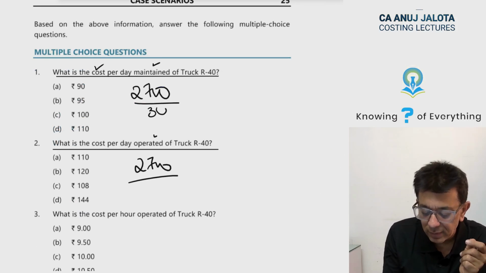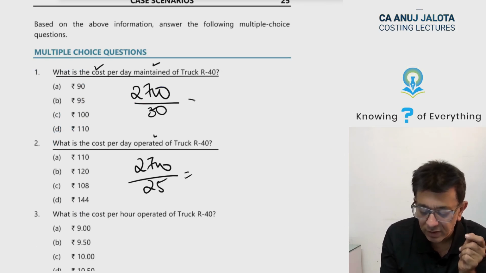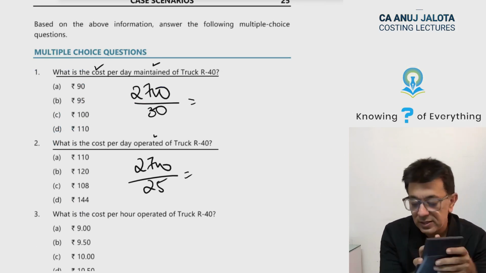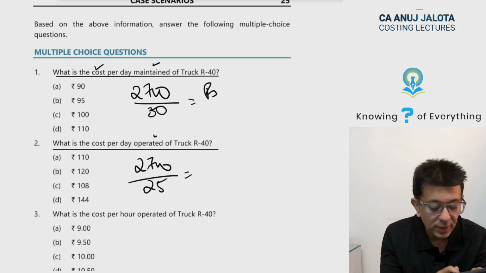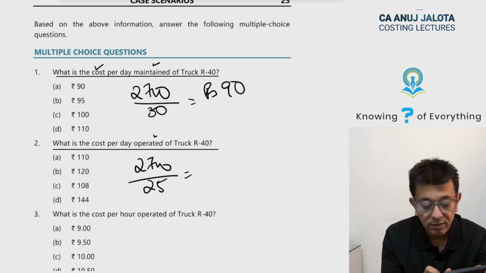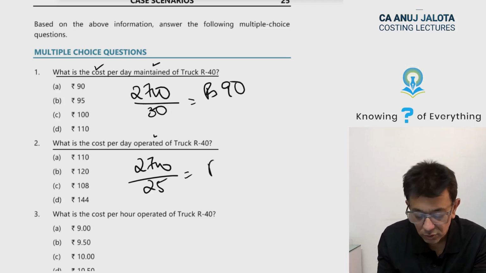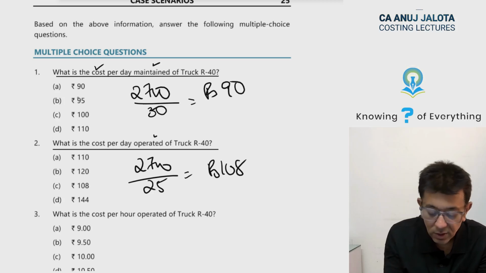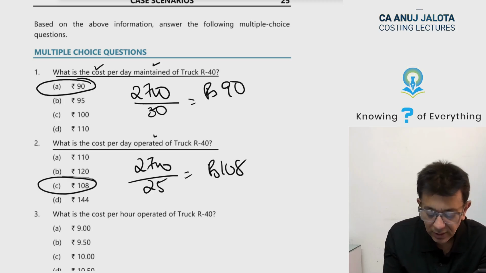So here we'll divide by 30, here we'll divide by 25. 2700 divided by 30 should be 90. 2700 divided by 25 should be 108. So 90 over here, 108 over here.